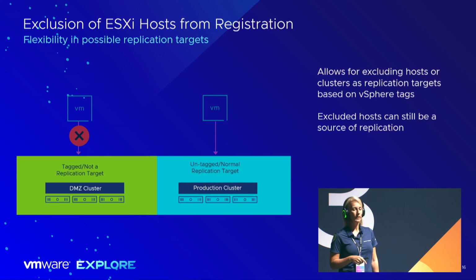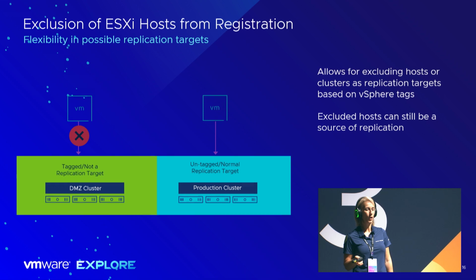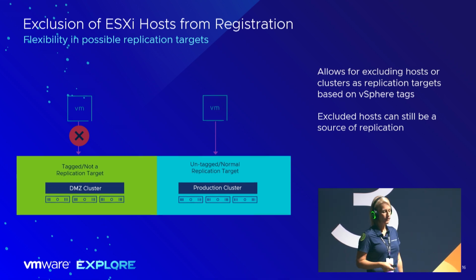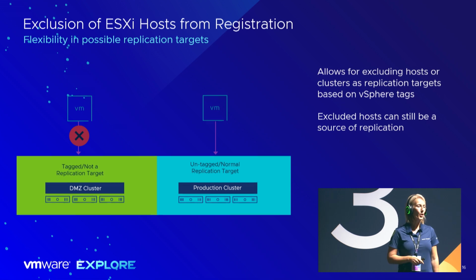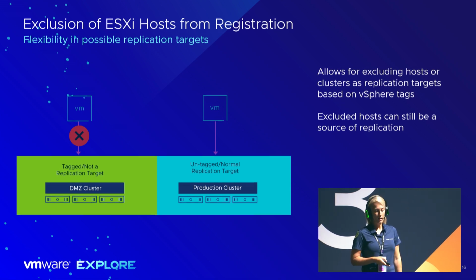We are leveraging the vSphere tags, so you could actually tag your host and say, hey, don't participate in the replication at the recovery site. However, I still want the VMs to replicate, the VMs to run on the particular host. So again, a lot of flexibility. The use case here is, you have DMZ hosts that you don't want participating in that. So definitely take a look at that.